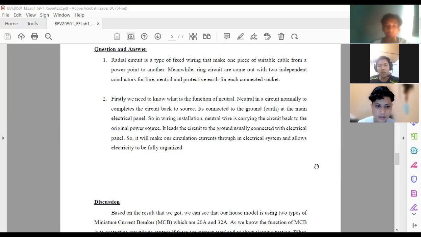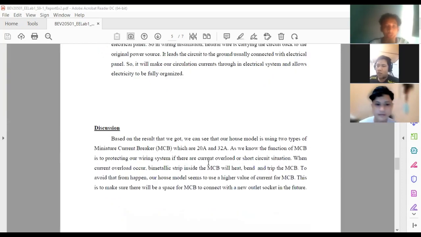So, in wiring installation, the neutral wire carries the current back to the original power source. It leads the circuit to the ground, connected with the electrical panel, so it makes our current circulate through the electrical system and allows electricity to be fully organized. So I will pass to Ahmad Sofi.